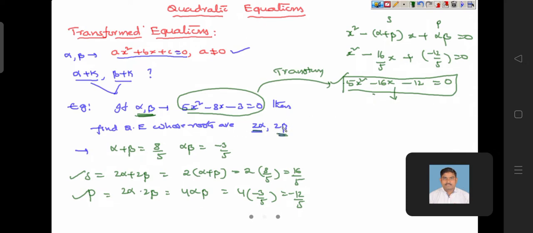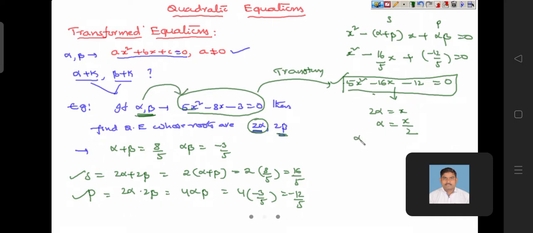Both the roots are multiplied by 2, so I will assume that 2 alpha = x. Then alpha = x/2. You know that alpha is a root of 5x² - 8x - 3 = 0.